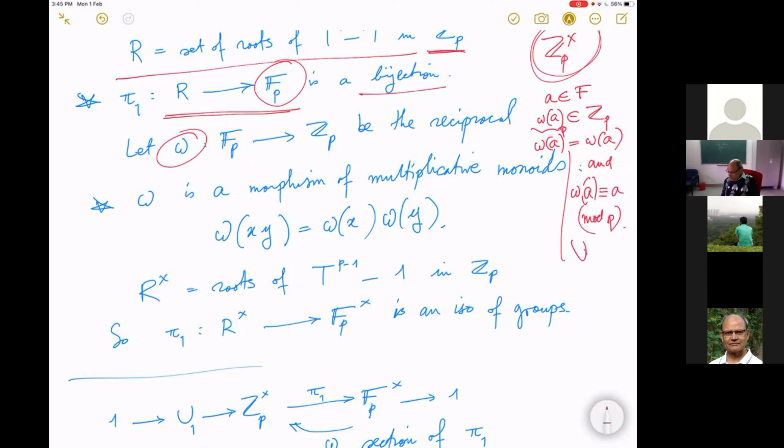So there's a unique such element, right? Unique for what? For this property, and this property makes it unique.